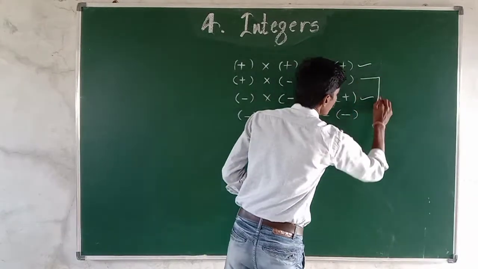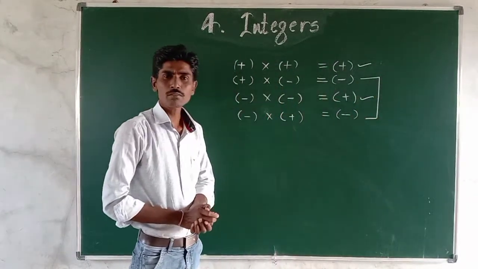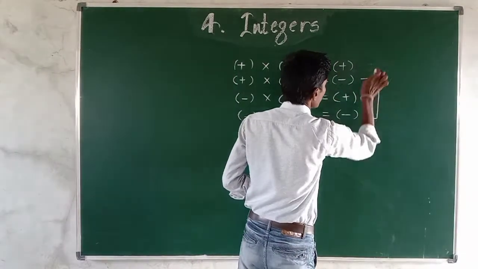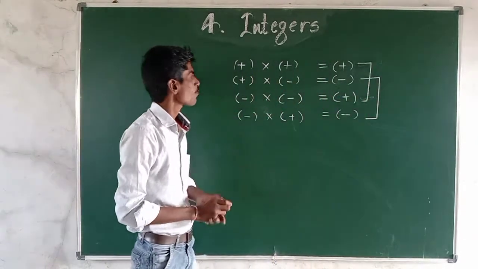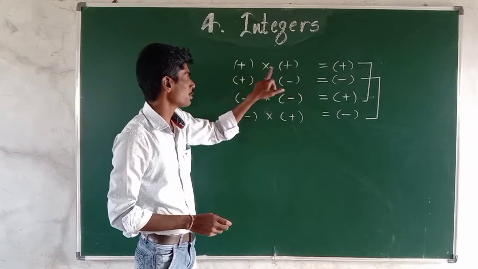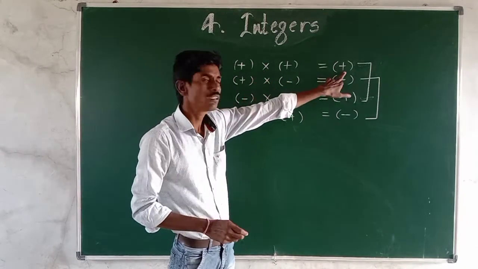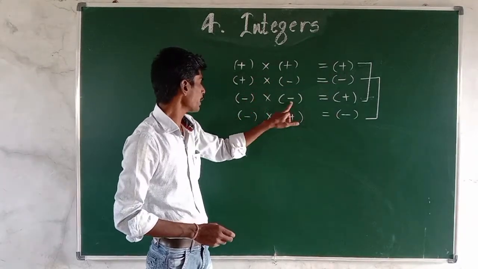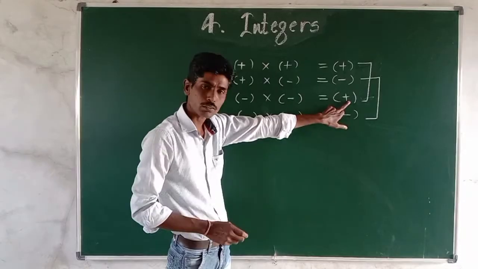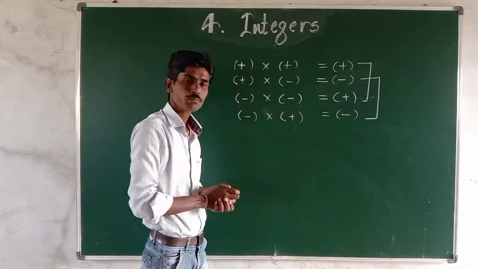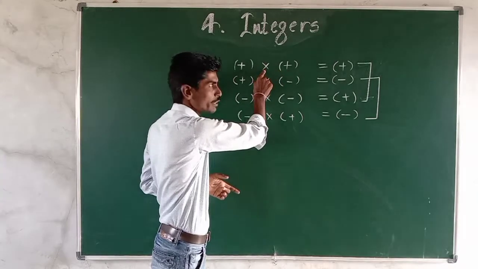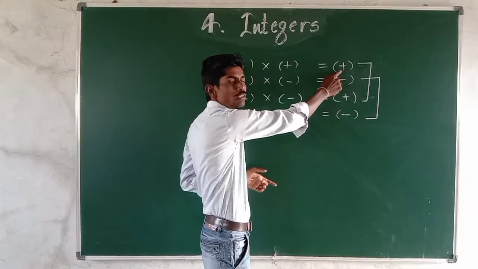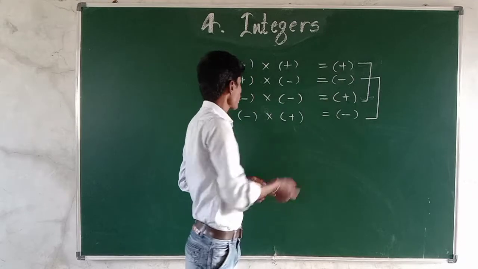So there are different signs and there are same signs. Plus plus in multiplication, plus. Minus minus in multiplication, plus. Means if there is the same sign and between the same signs there is a multiplication, your answer will always be plus.